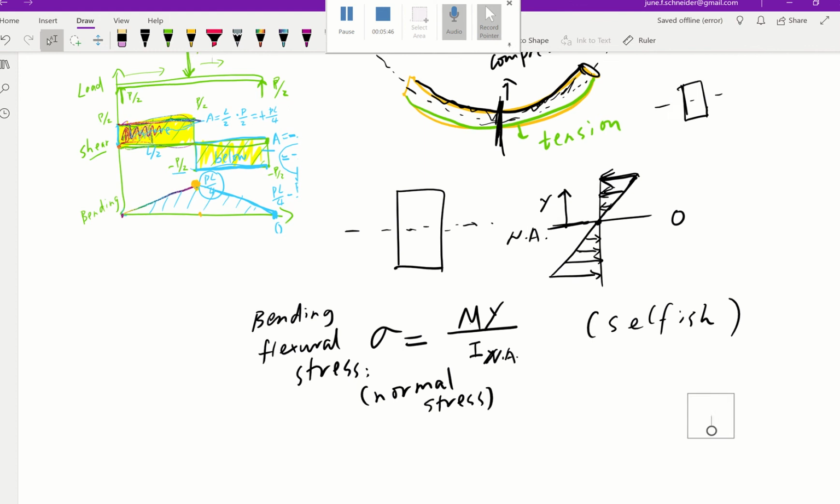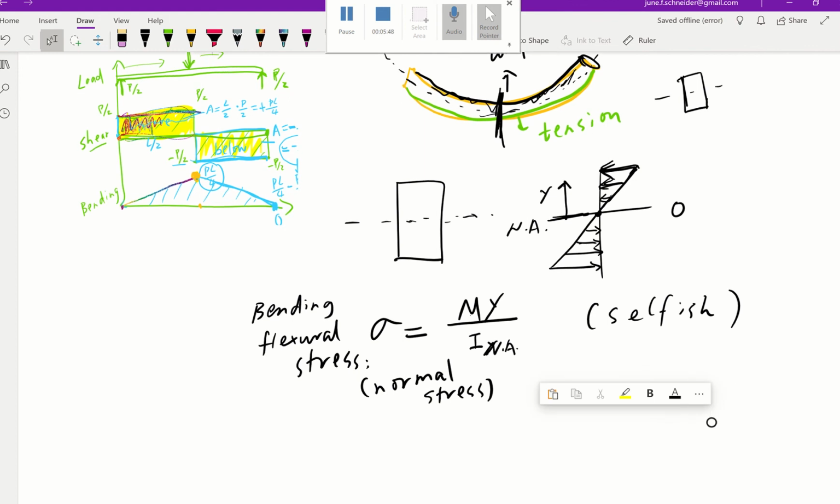Now let's think about it further. If this y increases, this sigma stress increases, that matches up with this profile, because when y increases, you see this length is longer, which means it has higher stress. And however, when it's right at the neutral axis, what's our y?